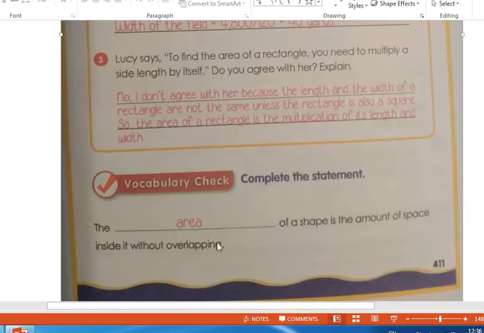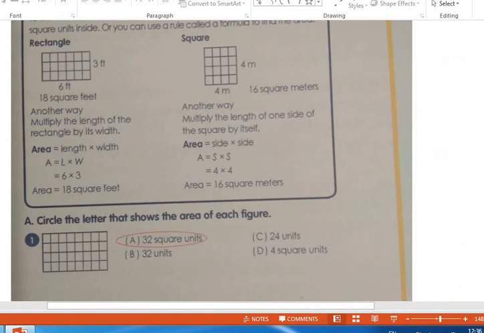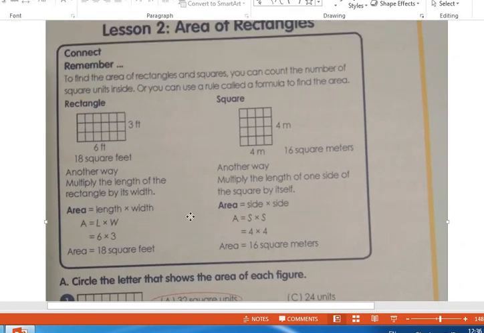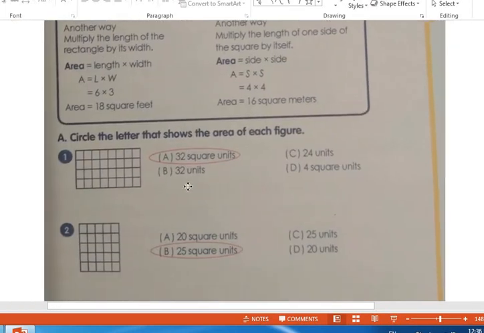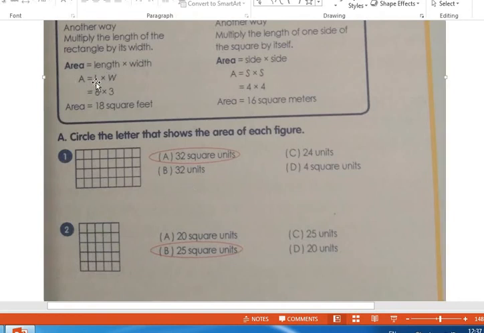Okay, so the area of a shape is the amount of space inside it without overlapping. Here in the practice book, area equals length times width, area of the square equals side times side.